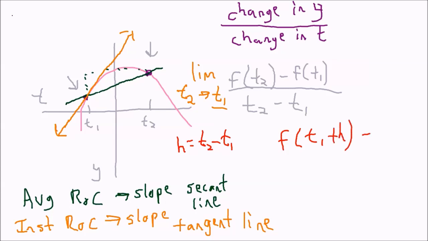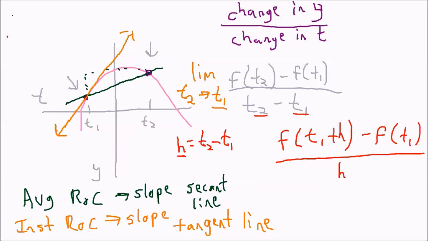We'll leave this one the same since they both have t1. And then this whole thing, t2 minus t1, is the same thing as h, so this is all over h. This would be the new way to write the average rate of change.